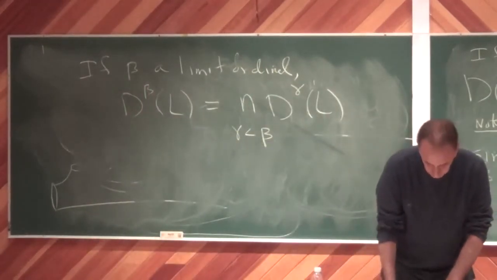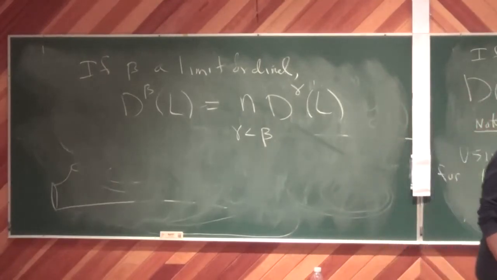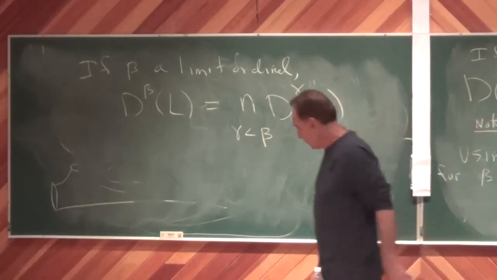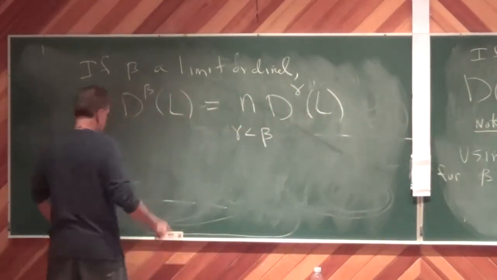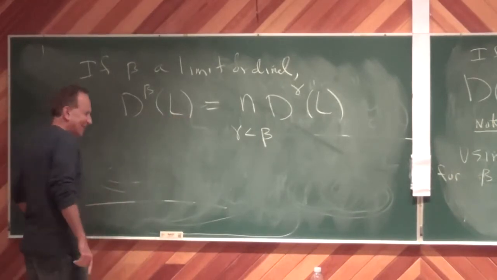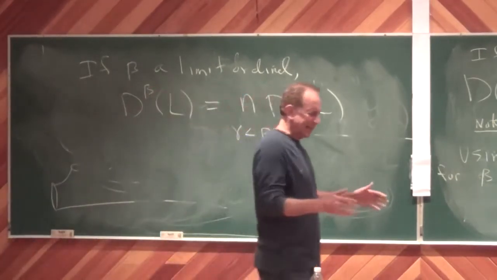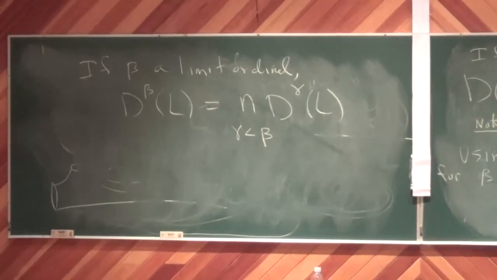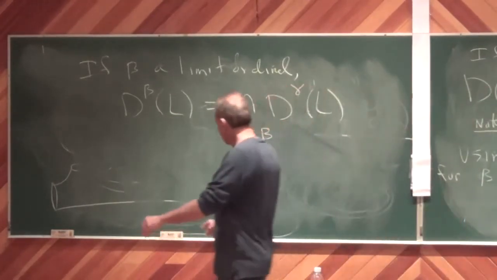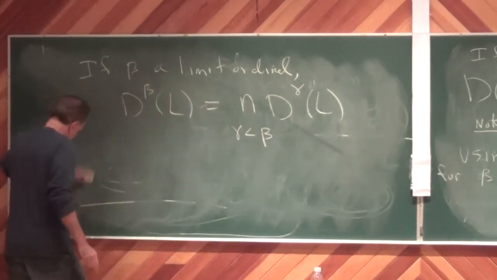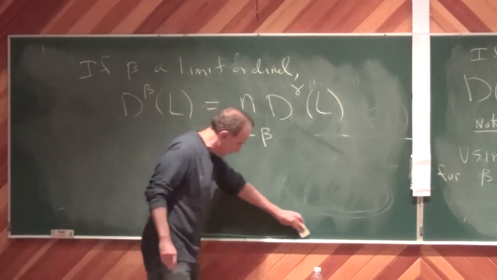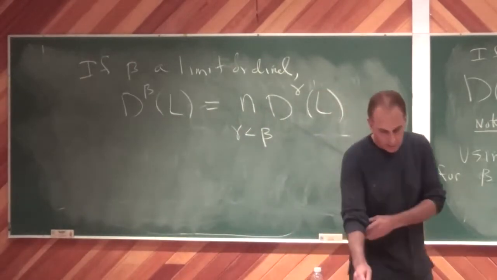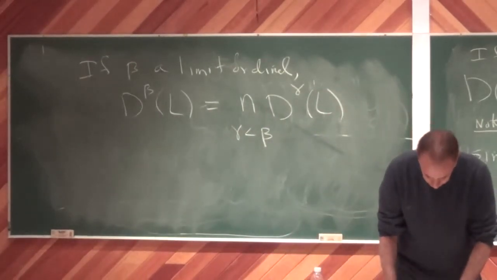Is that obviously closed? Sorry? Is that obviously closed? This guy, the intersection. Right. Okay.